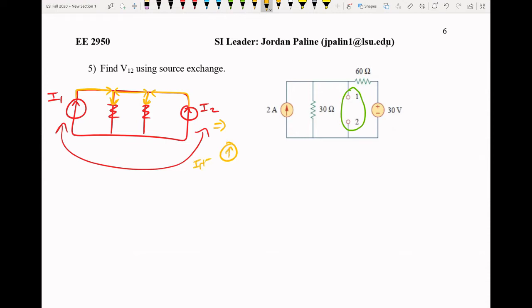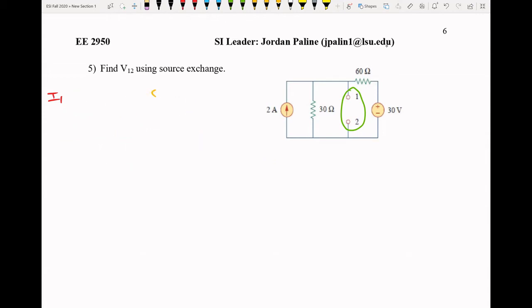It's I1 plus I2. And then now that way it's still the same amount of current being added into the circuit. Okay, so that's just a general concept that we went over at the very beginning of the semester. But let me clean this up and we will look at the context of this problem.